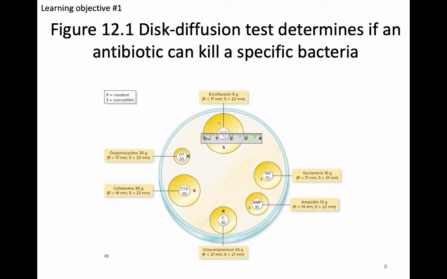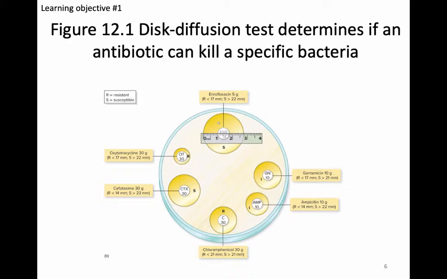If the zone of clearing is non-existent or is below the limit, then that microbe is resistant to that antimicrobial drug. So we're looking for the bigger zones of clearing indicate that the microbe is susceptible to these antimicrobial drugs, and the smaller zones of clearing indicate that the microbe is resistant to these antimicrobial drugs.